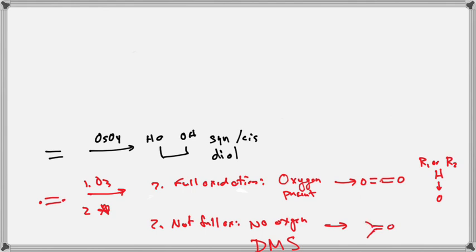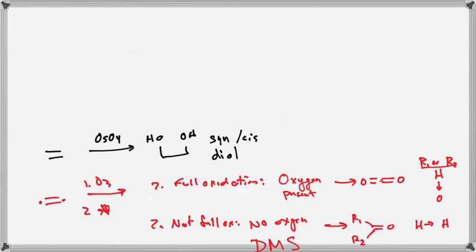If R1 or R2 are hydrogens, they stay hydrogens. Okay? How do you prevent the full oxidation? DMS scavenges extra oxygens to make DMSO. Oh, it's grabbing the other oxygen, so it's changing its structure across to DMSO.